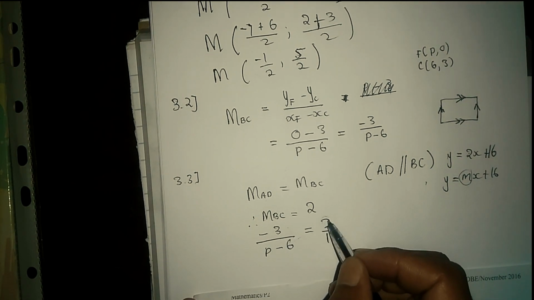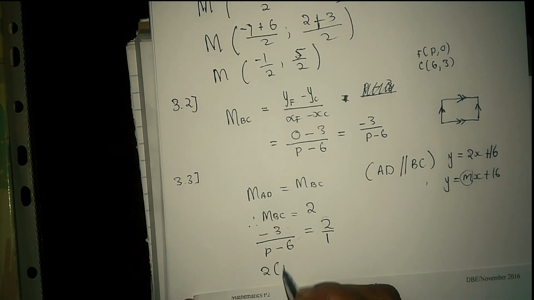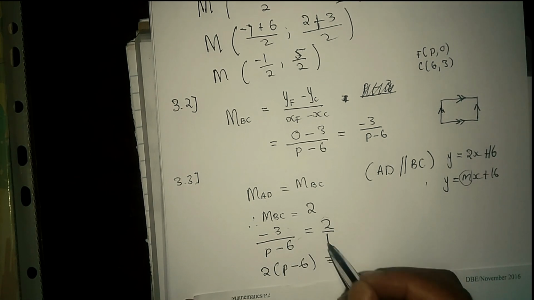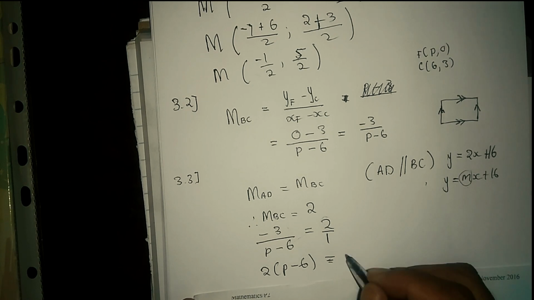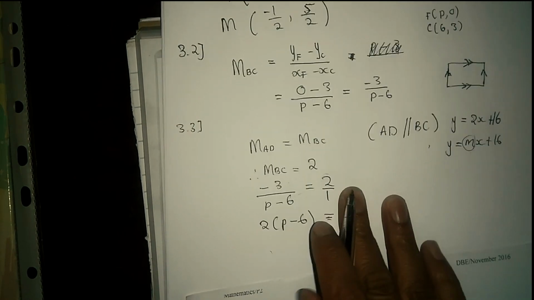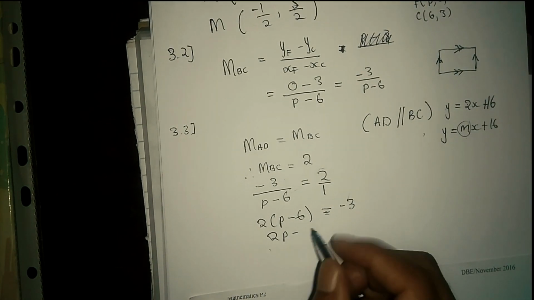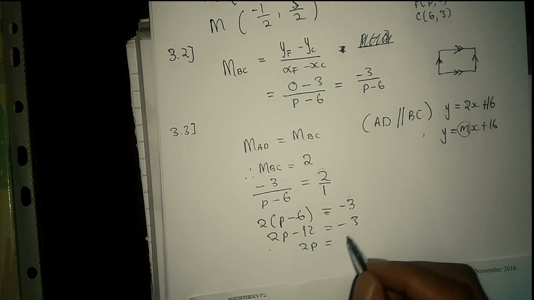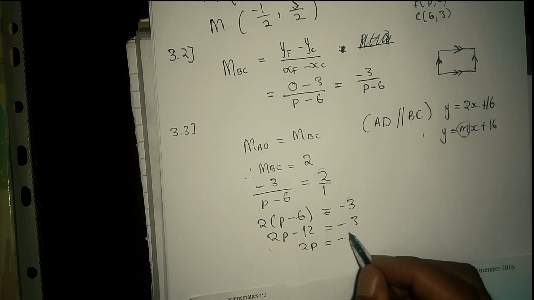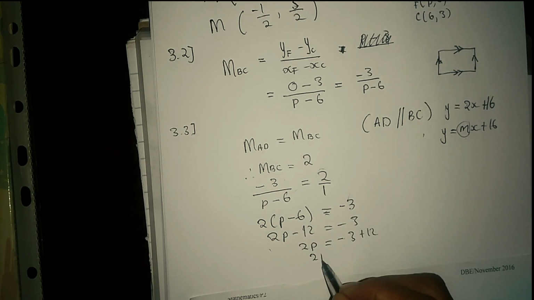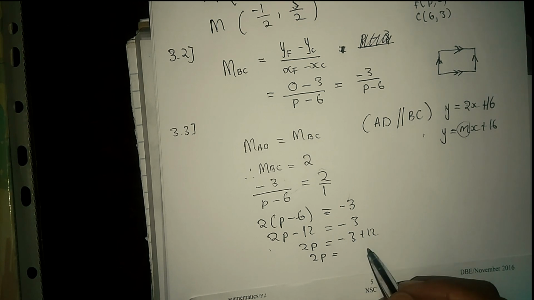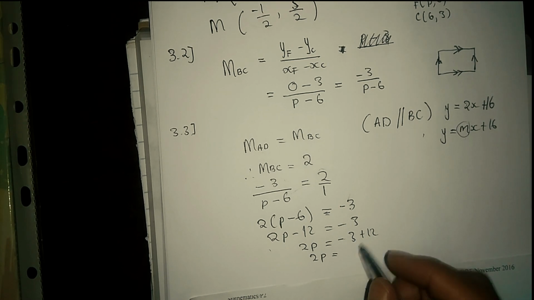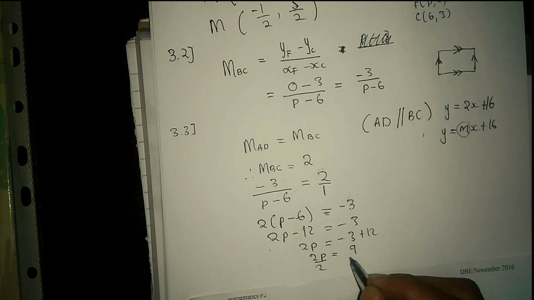So 2 times the bracket P minus 6 is equal to minus 3. It's 2p minus 12 equal to minus 3. 2p equal to minus 3 plus 12, so 2p equals 9. Divide both sides by 2.